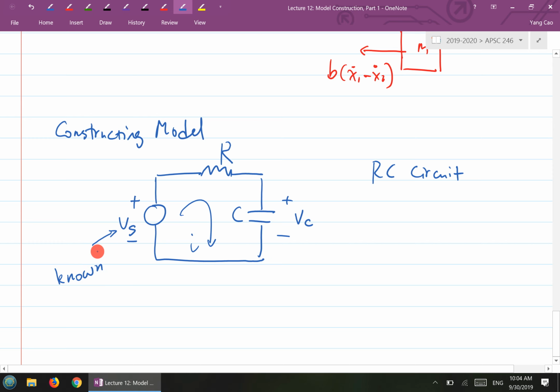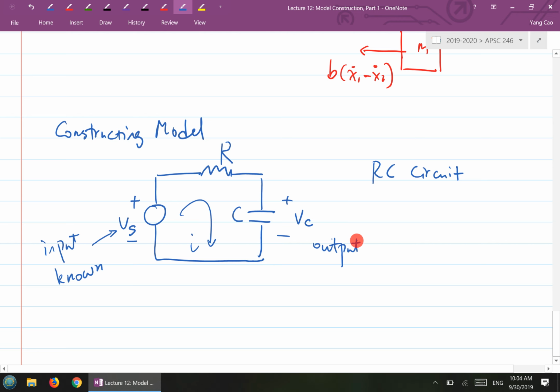You can give it a sinusoid or a unit step, depending on the function generator. Then you use an oscilloscope to measure the voltage across the capacitor, so you observe the response of the system. Essentially this is your input, and this is your output.